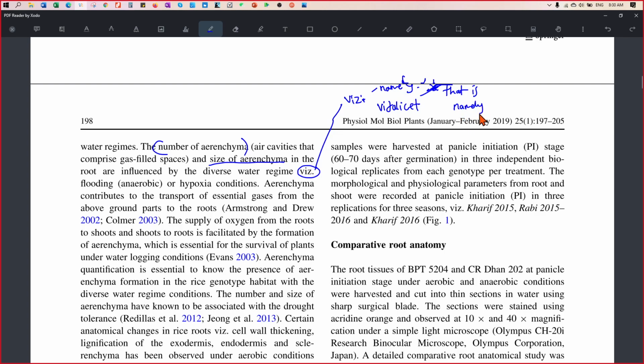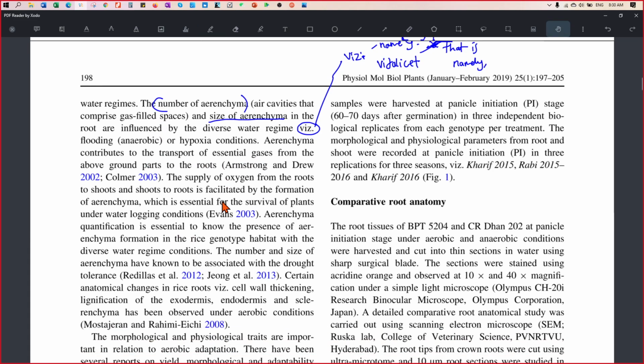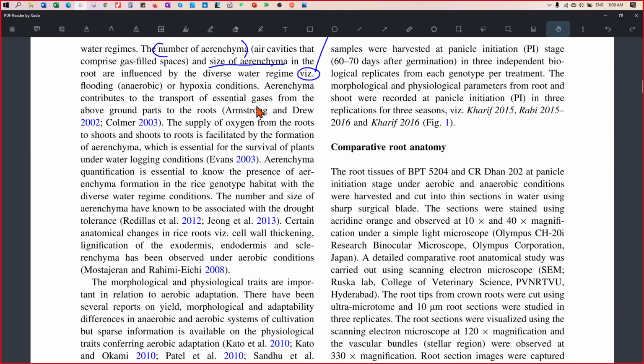Flooding, anaerobic or hypoxic condition: parenchyma contributes to the transport of essential gases from the aboveground parts to the roots. So parenchyma is very important. From here, you know that rice is able to live in submerged water conditions because of this parenchyma tissue. Parenchyma tissue does not have any content in it, it's just gases.